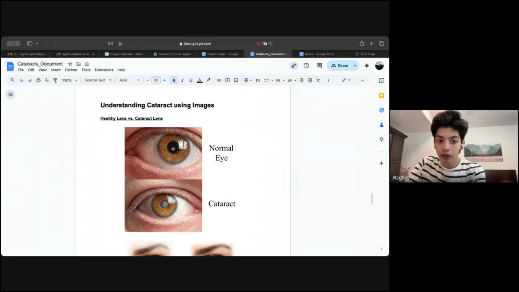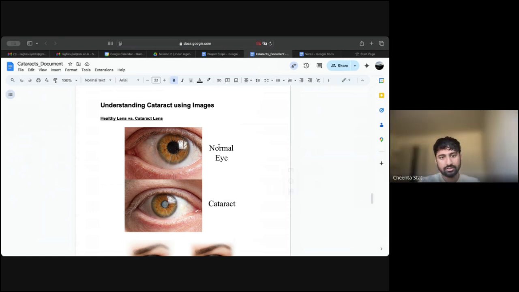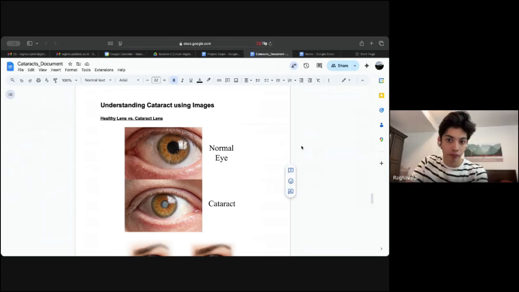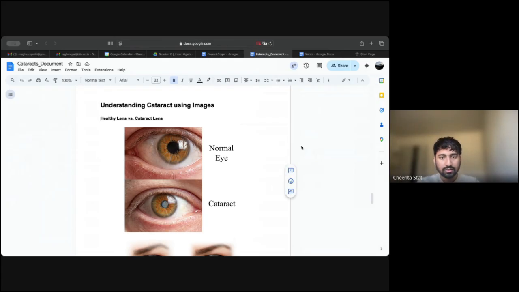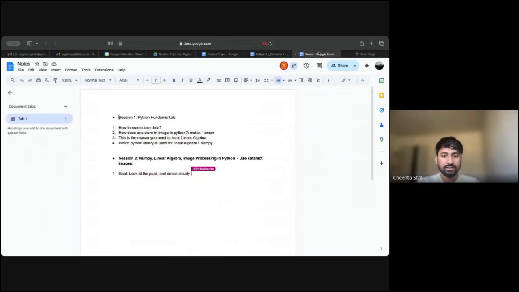First you look at the pupil, and then you see if there are cloudy patches present on the pupil; you conclude that there's cataract. If not, then it's normal. So: detect cloudy patches inside the pupil. Very good. So this is the whole idea.